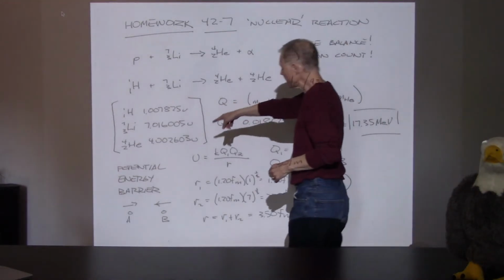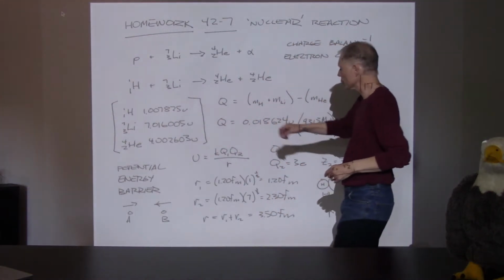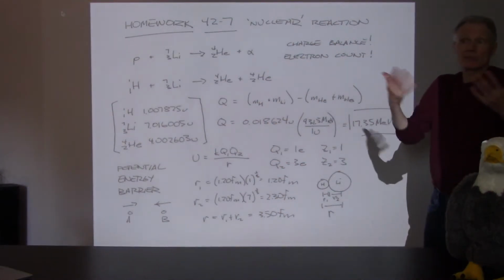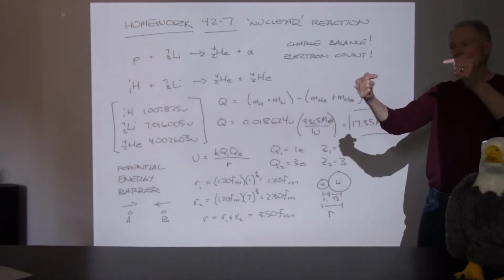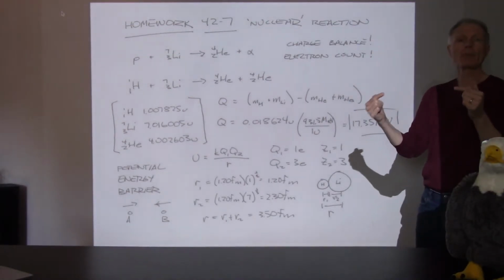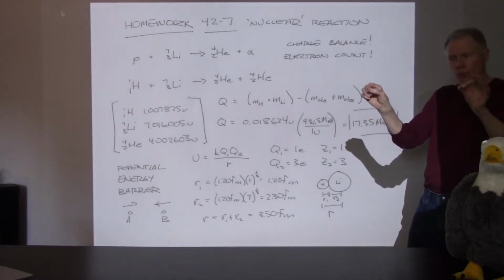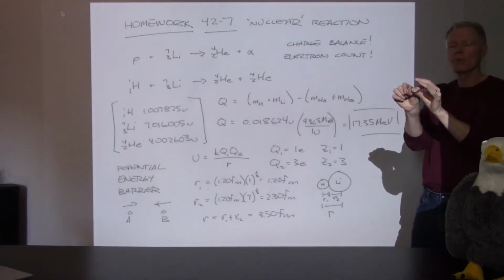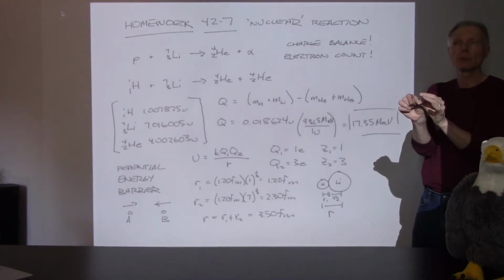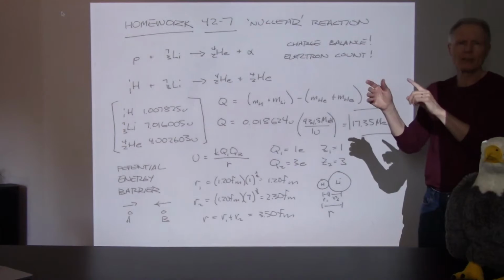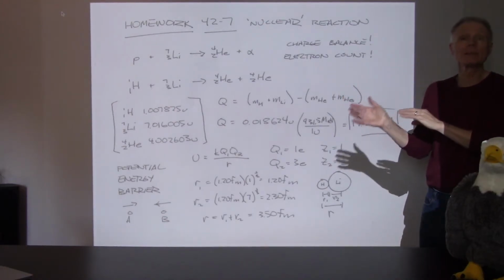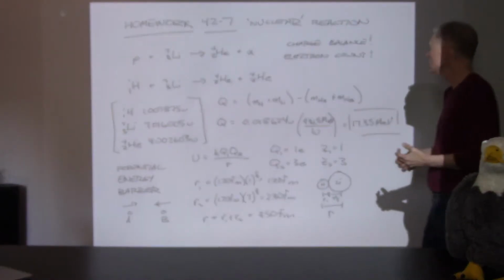But for the potential energy barrier, when we're using this formula, what we're assuming is that somehow the two nuclei are set up in a way where they have equal and opposite momentum, and that means right when they react, they're both at rest. Now that's a little idealized, so we're going to go back and show what a more realistic calculation might look like.